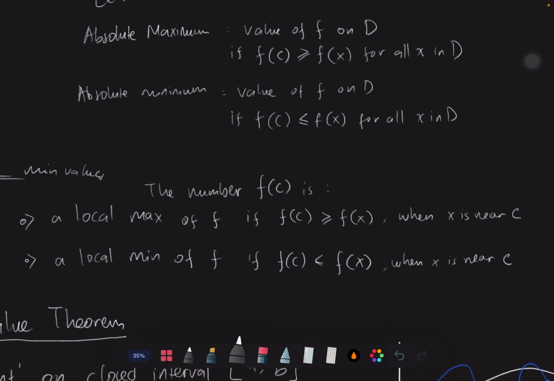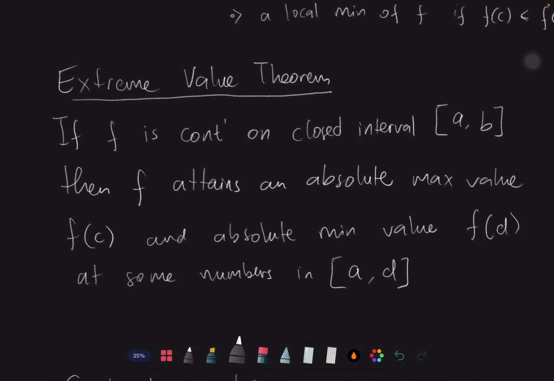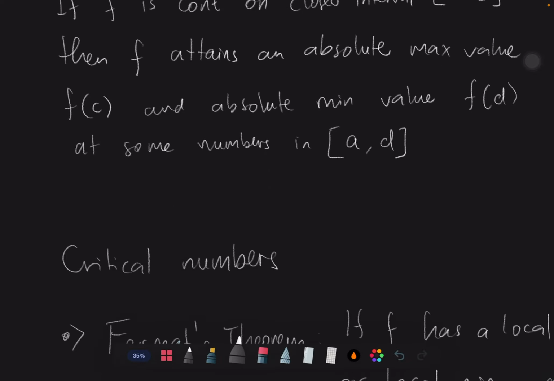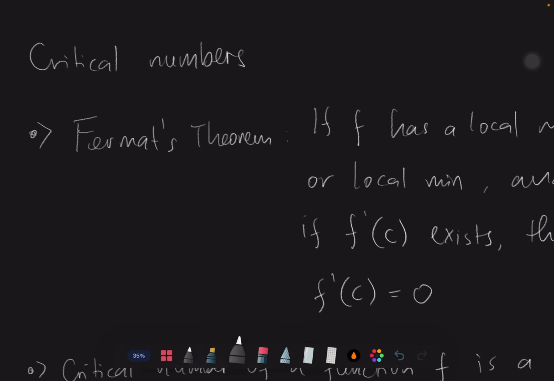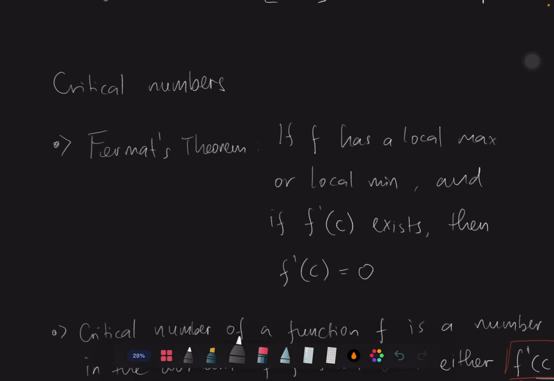Okay, and then from there we have the Extreme Value Theorem, which is, if we have a closed interval, then the function on the closed interval will have an absolute maximum and also an absolute minimum. Okay, and then the Extreme Value Theorem will result in critical numbers.